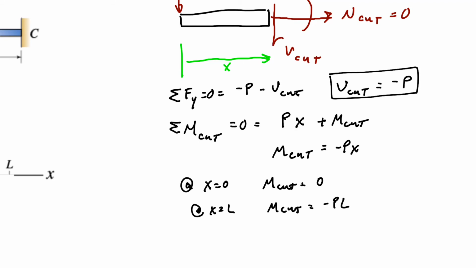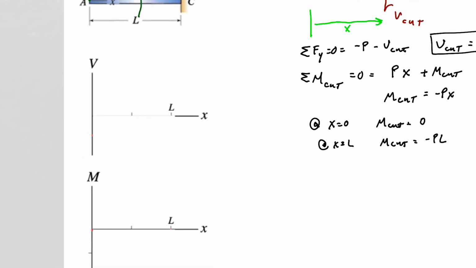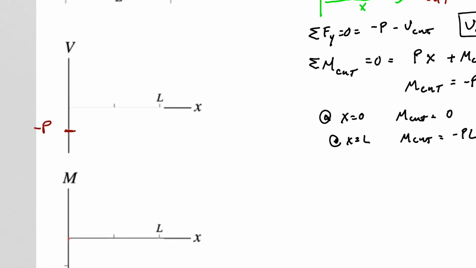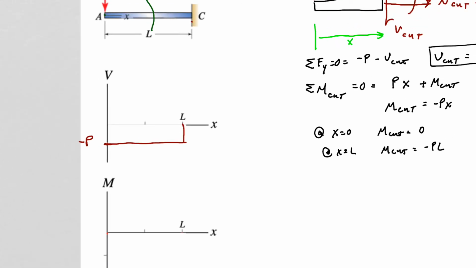So let's take a look at this on our shear and moment diagrams. Okay, so if I am to plot this, we see I will have a negative P value, and that stays constant for all of x, and then we'll come back at L, my length.